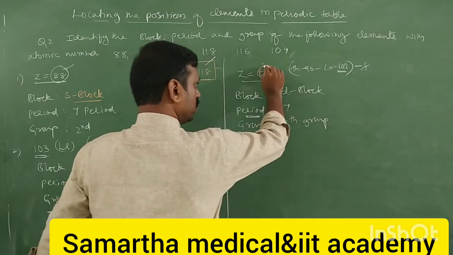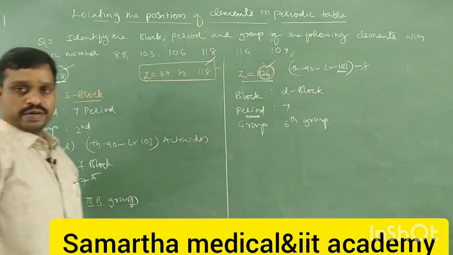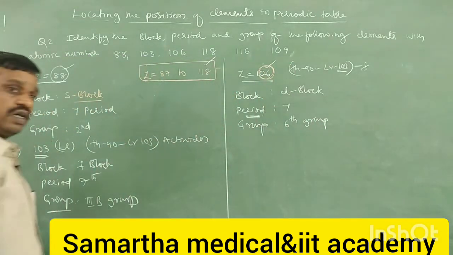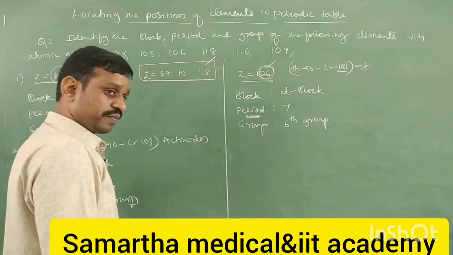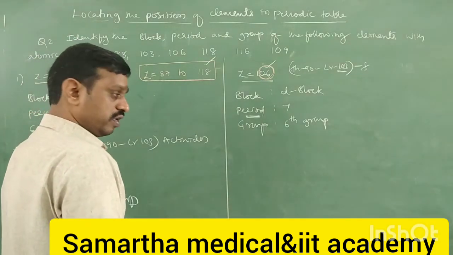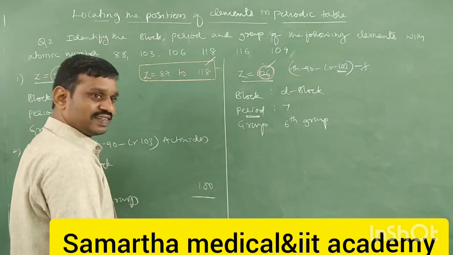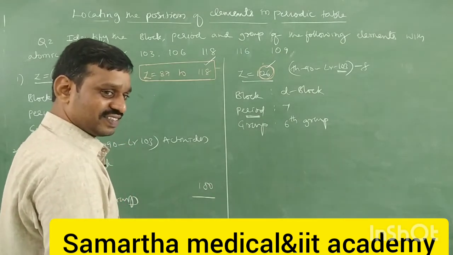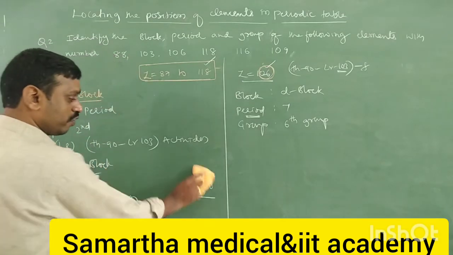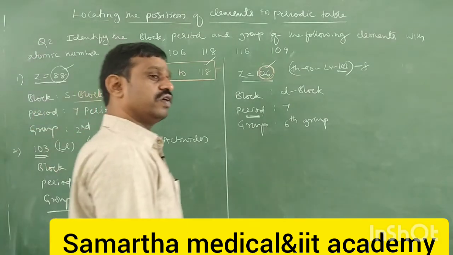Right, the last 2 digits indicate the group number, particularly after 103, not 100. If atomic number is 100, the group would be 0, no? So it is applicable after 103.